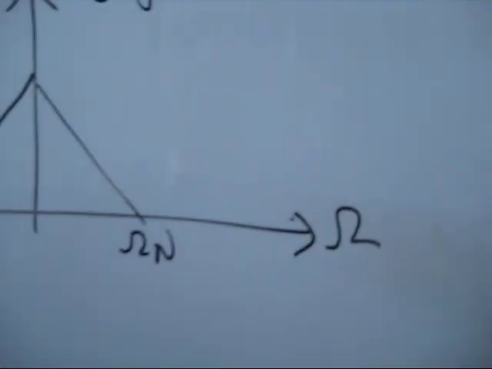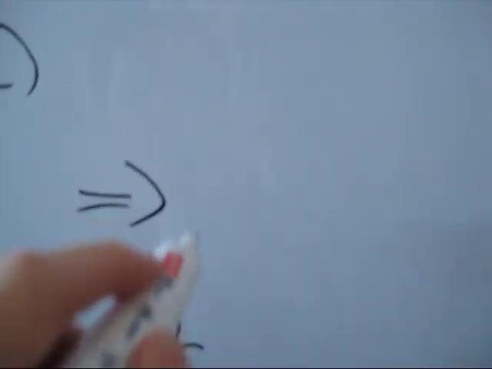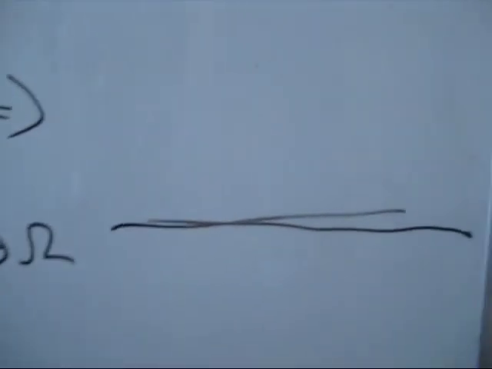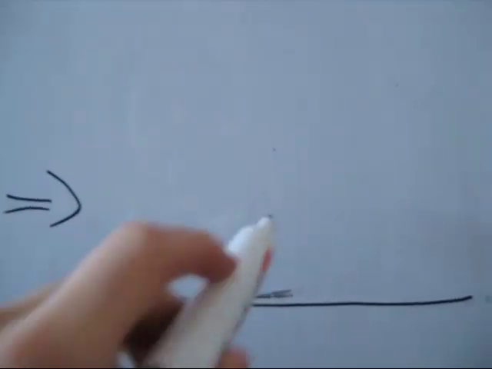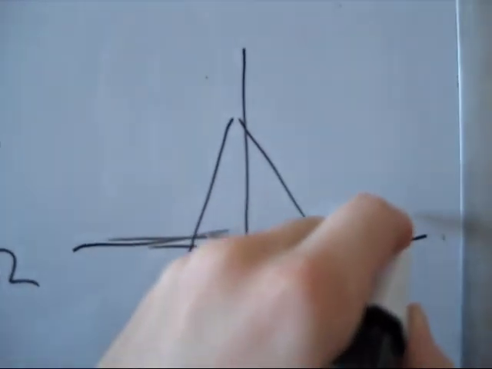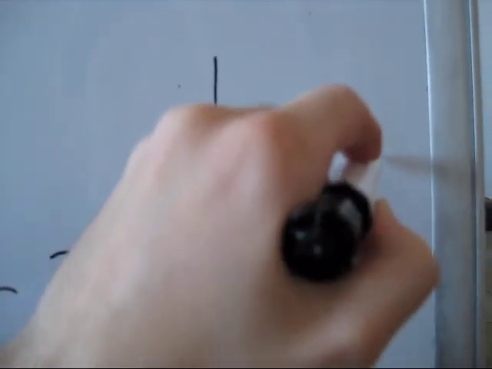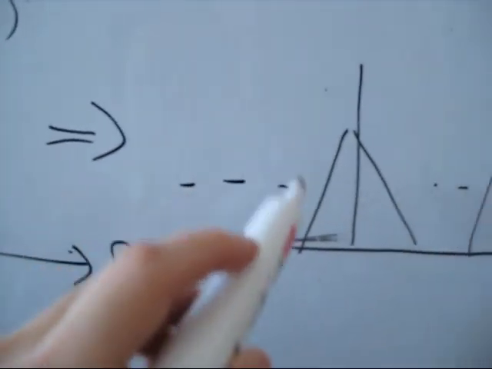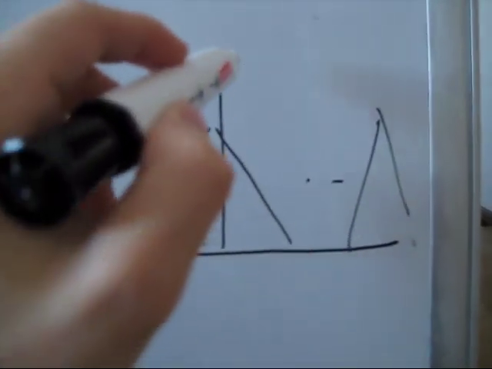So then when you sample that, you end up getting that other graph that we were talking about last time, where then you have your replicas.